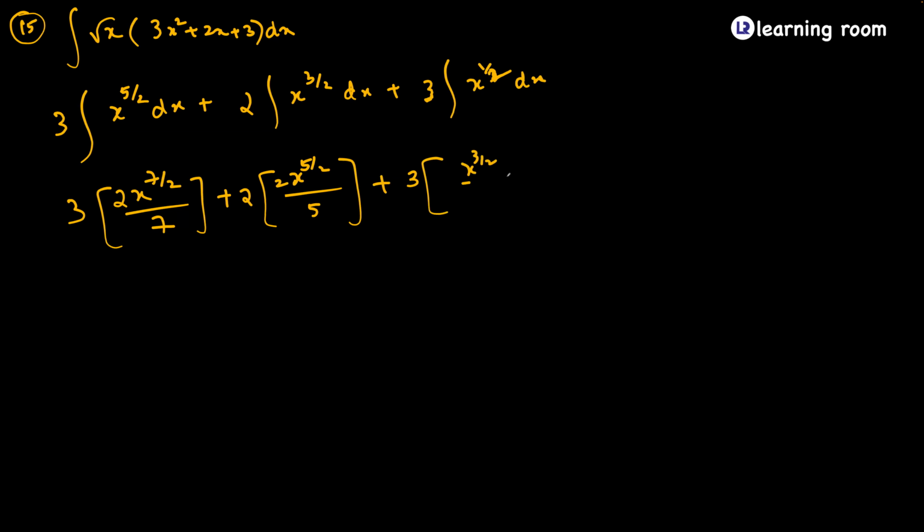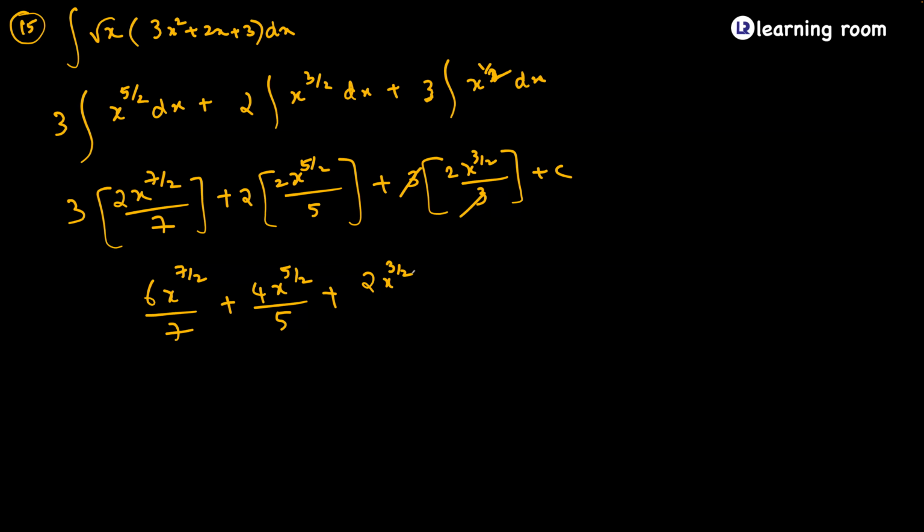X power 3 by 2 by 3 here, 2 here, right? Plus C. So 3 and 3 are gone. So 6 into x power 7 by 2 by 7 plus 4 into x power 5 by 2 by 5 plus 2 into x power 3 by 2 plus C. That's the answer. Okay.